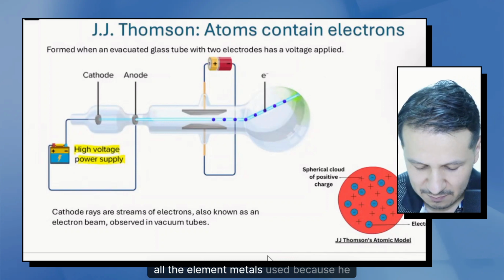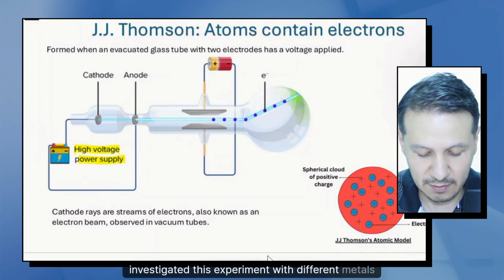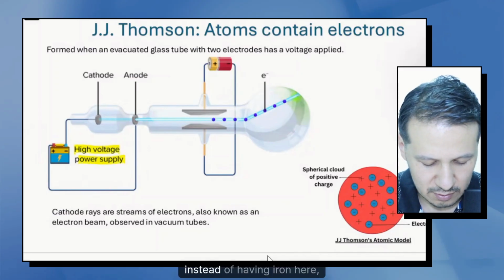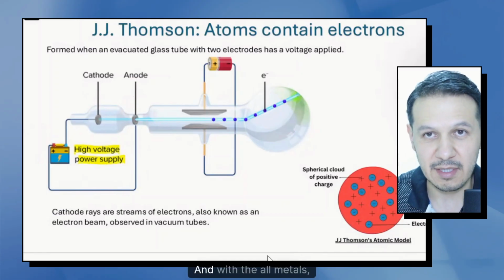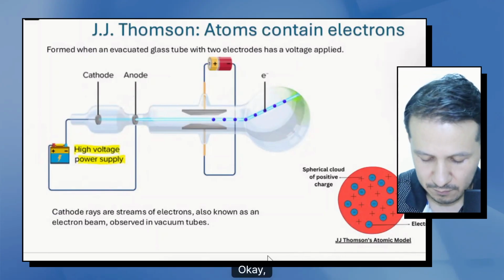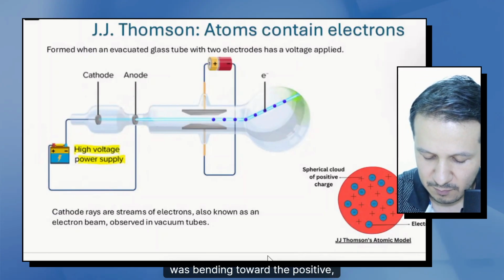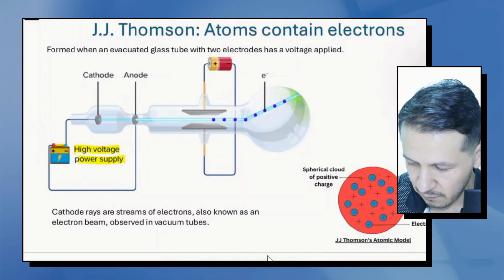He investigated this experiment with different metals. Instead of having iron here, he used, for example, chromium and other metals. With all the metals, he discovered the same behavior: this beam was bending toward the positive metal, so it was a negatively charged beam.